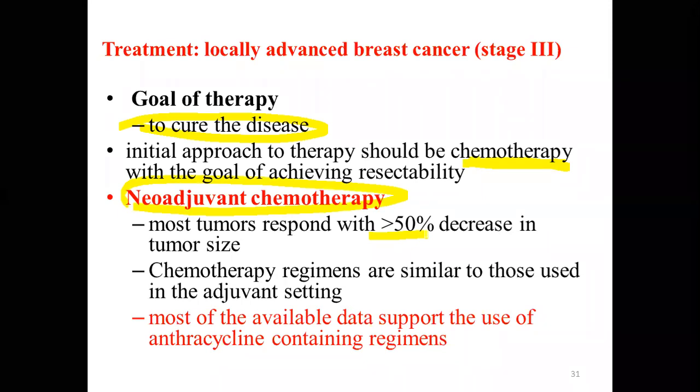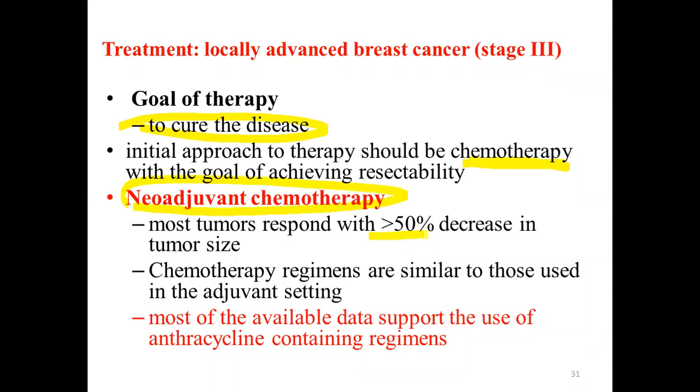Then if the patient is hormone receptor positive, that is when we consider the hormonal therapy. Chemotherapy regimens are usually similar to what we have used in the adjuvant setting. By the way, I will talk about this later. Most of the chemotherapy regimens we use in the neoadjuvant or adjuvant setting have usually been tested for efficacy in the metastatic setting.